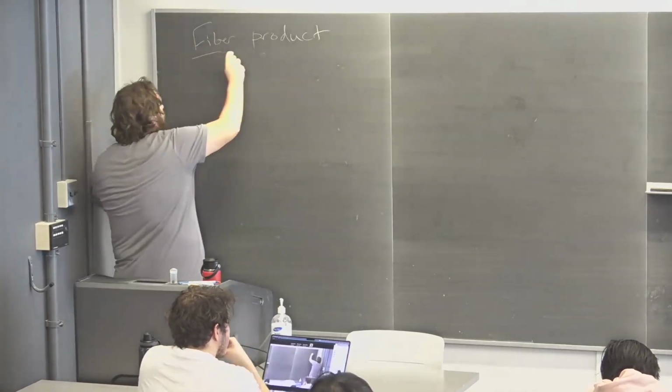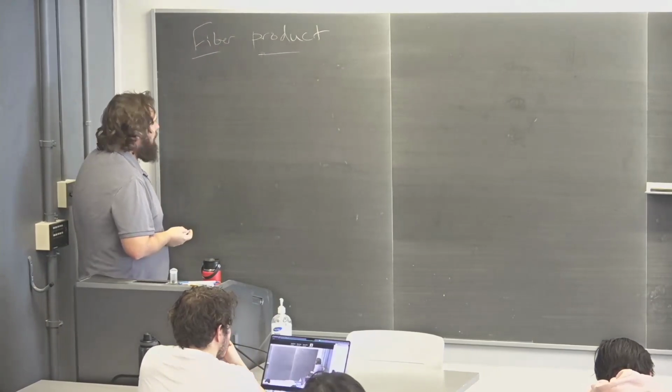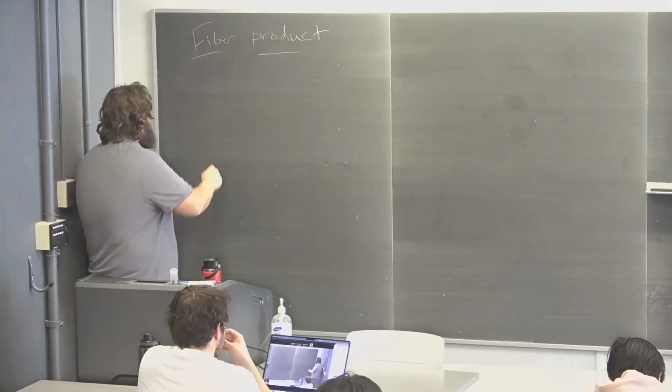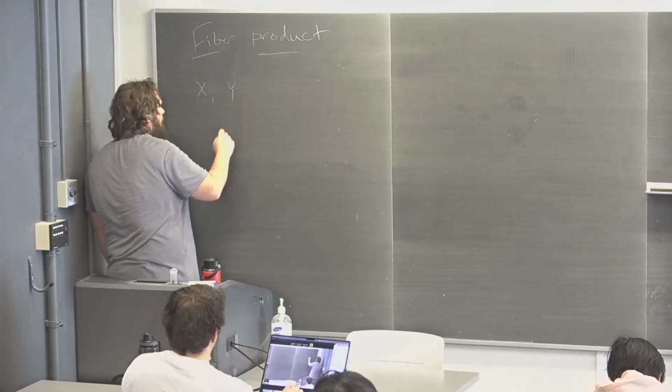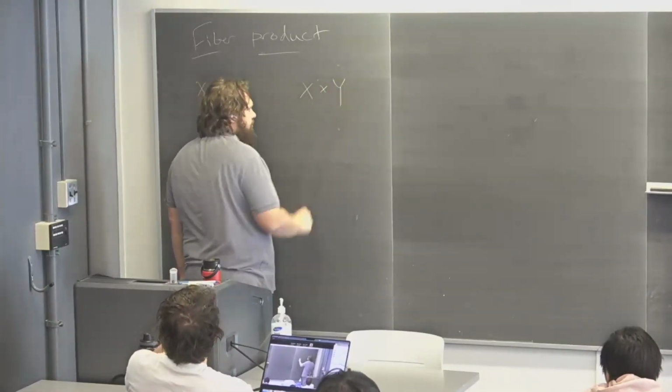So now a very common thing that happens in lots of nice geometric categories is that I can take X and Y in my category and take their Cartesian product.